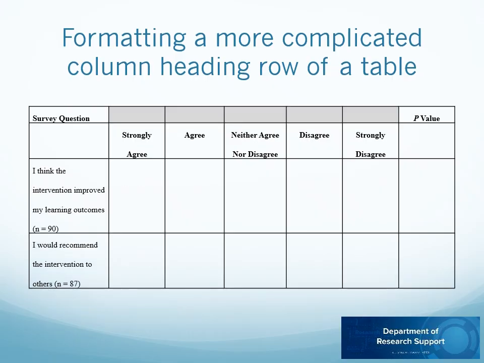It is often easier to format this type of column heading when your table still has all the default grid lines. To make the column spanner, select the cells in the first column heading row above your subcategory responses. The gray shading indicates these cells have been highlighted.